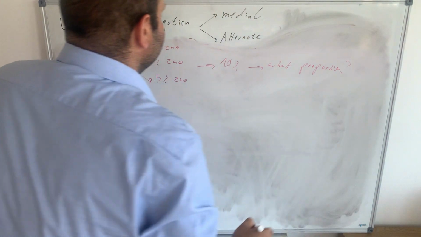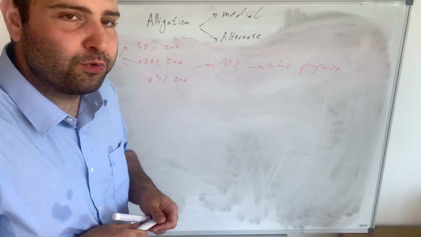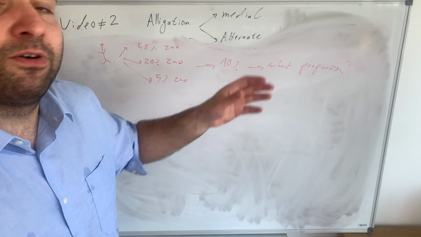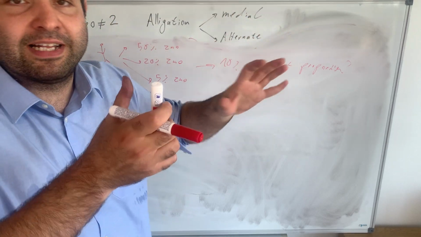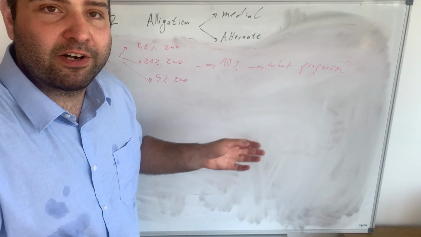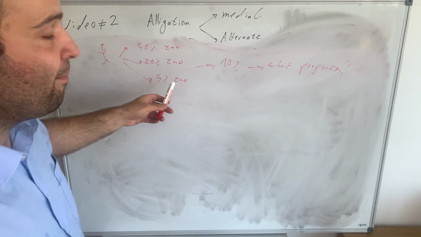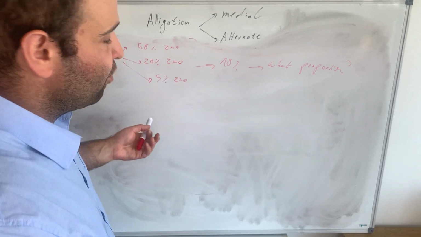So till now we had 2 different concentrations. We had alcohol 95% and 70%, and we wanted to mix them to get, for example, the desired 50% strength. Here the pharmacist has 3 preparations.